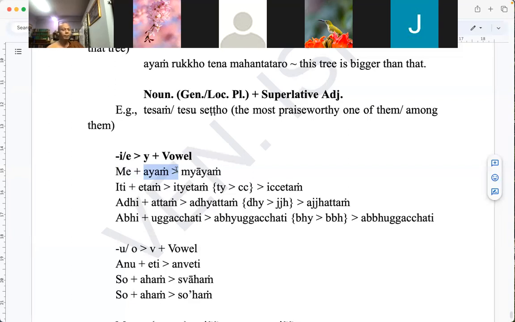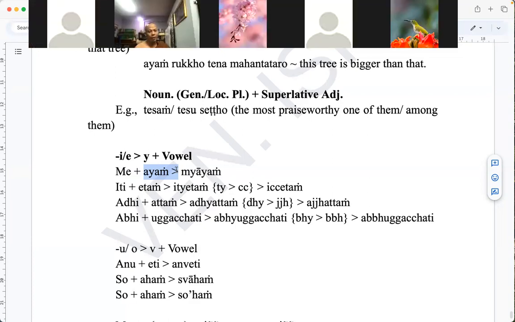They are not related in meaning. So in a sentence, how can we understand or translate that? We don't need to translate, but based on the context, ayam is this, me is me, or something in this way. When we see meyam, it cannot be understood, and you cannot find meyam in the dictionary. But if you understand that meyam is a combination of me and ayam, you can guess it easily.